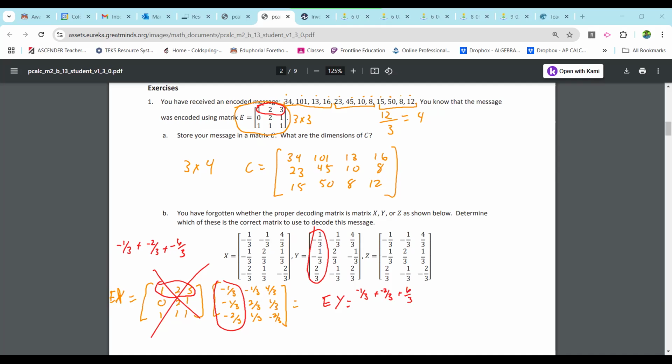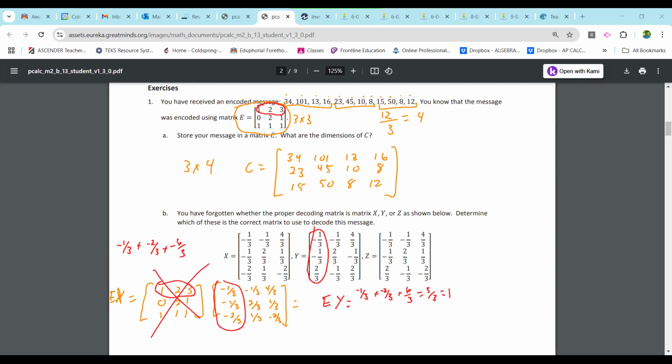How do I add fractions? Straight across, right? As long as they have what? The same denominator. So what's negative 1 plus negative 2? Negative 3 plus 6? 3. And what's 3 divided by 3? So that worked out. I need to do more math.